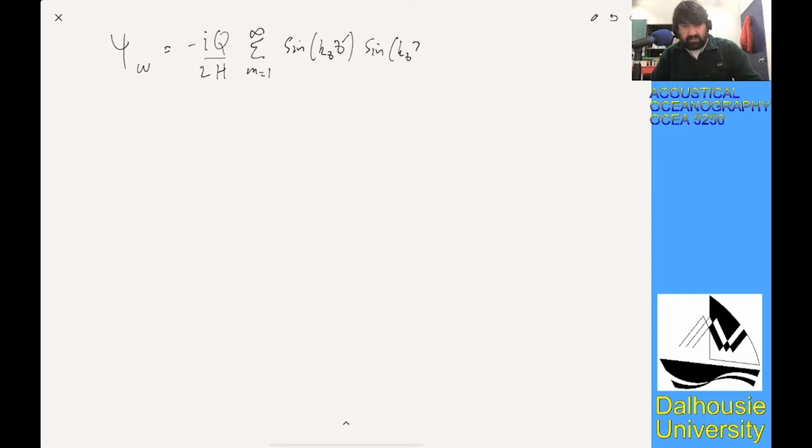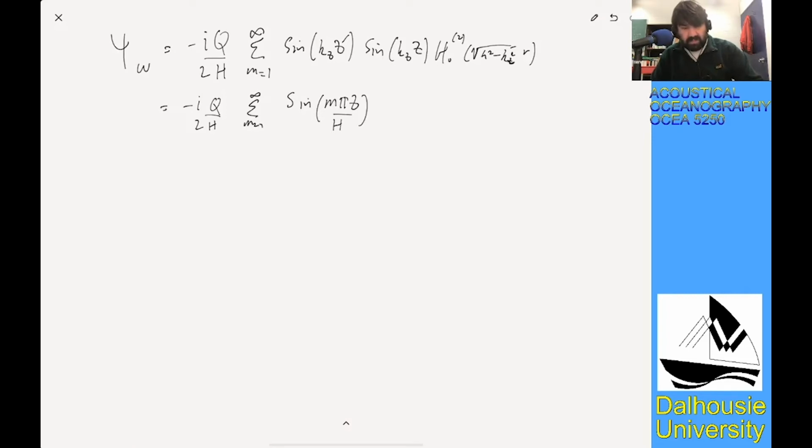But it's not too complicated looking a solution, right? So let's look at it in a little more detail. Okay. Well, let's expand this into just something a little bit friendlier. We're still going to have this infinite sum, and I'm going to switch the order here. So I'm going to say sine m pi z over h.